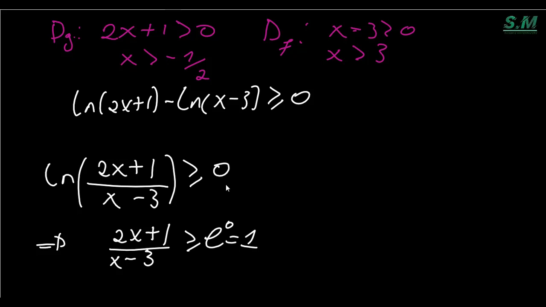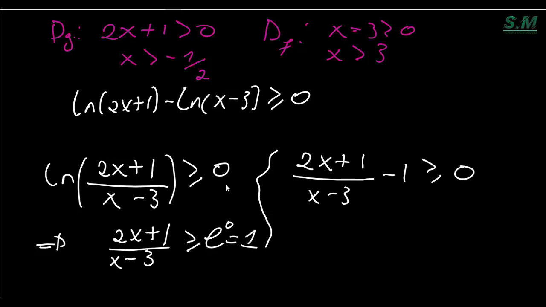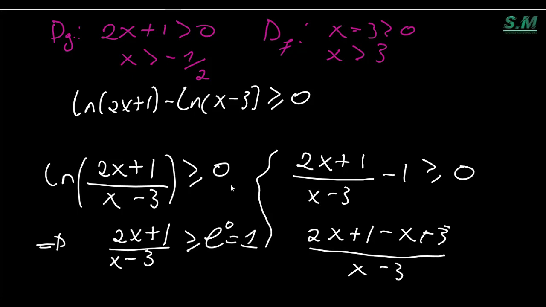So bringing everything on one side of the inequality, I get (2x plus 1) divided by (x minus 3) minus 1 greater than or equal to 0. So simplifying, we get (2x plus 1 minus (x minus 3)), all of this divided by x minus 3, greater than or equal to 0.